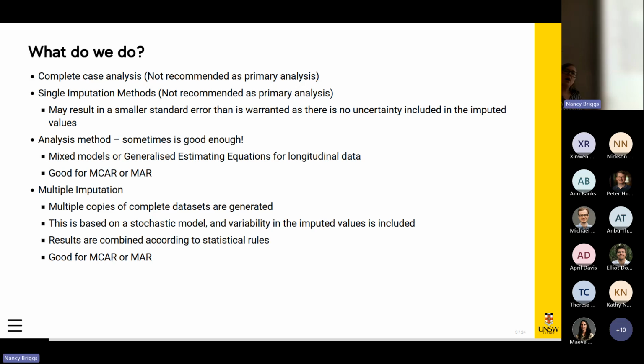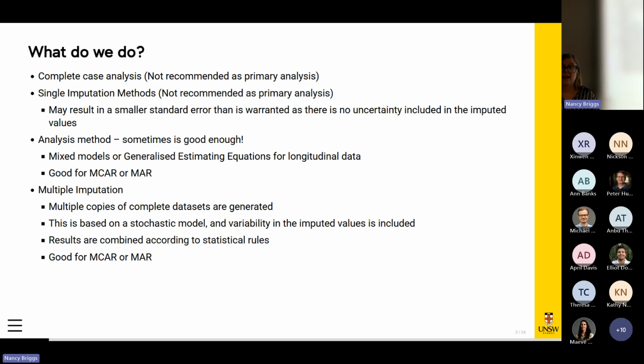And then often and increasingly, this is being required when you are looking at publishing RCTs. You need to provide multiple imputation if you've got some missing data in your data set.